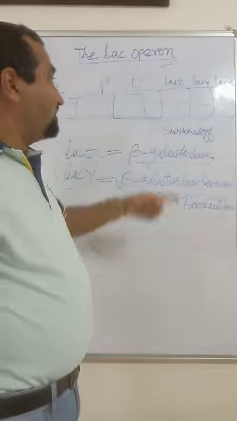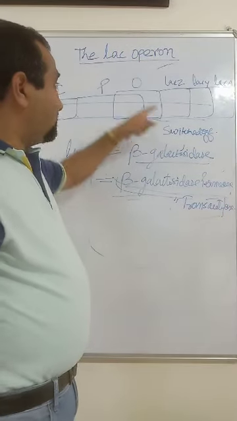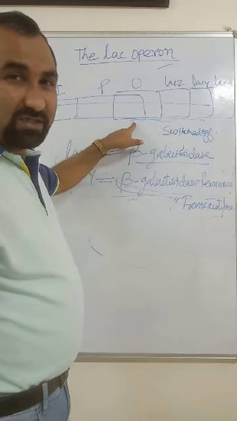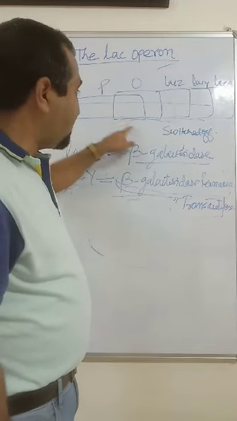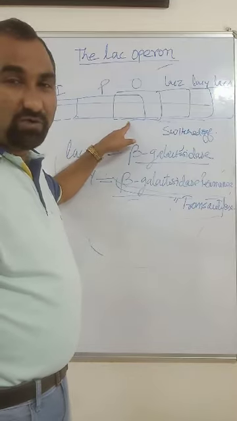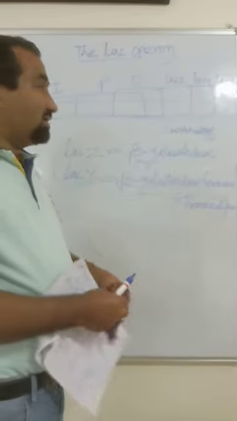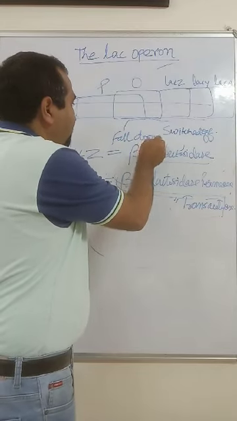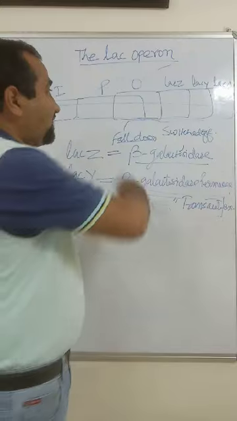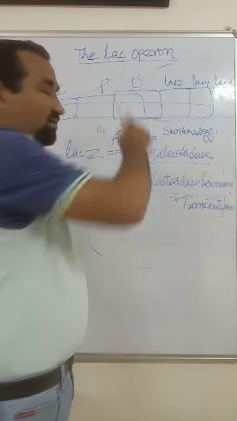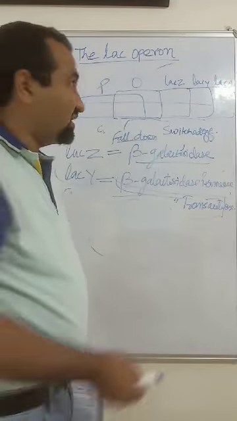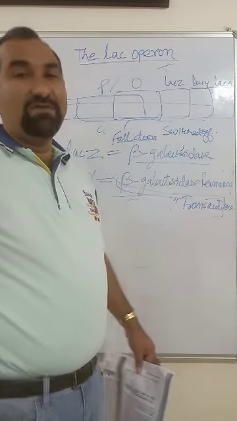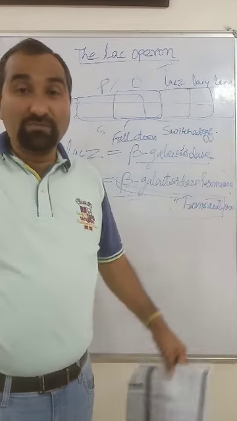But what happens, sometimes this regulator protein, that is the repressor molecule that is attached on this operator, may fall down, and whenever this molecule falls down in the bacterial cell, RNA polymerase comes, binds and transcribes these genes into their product.